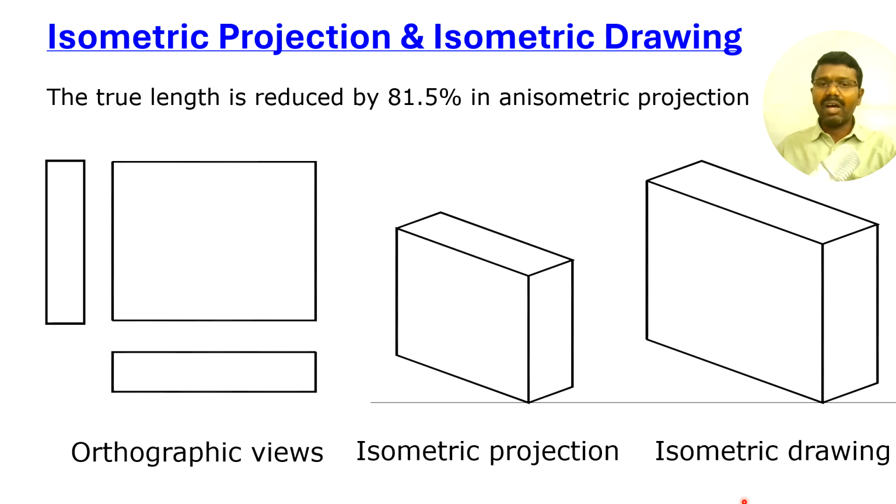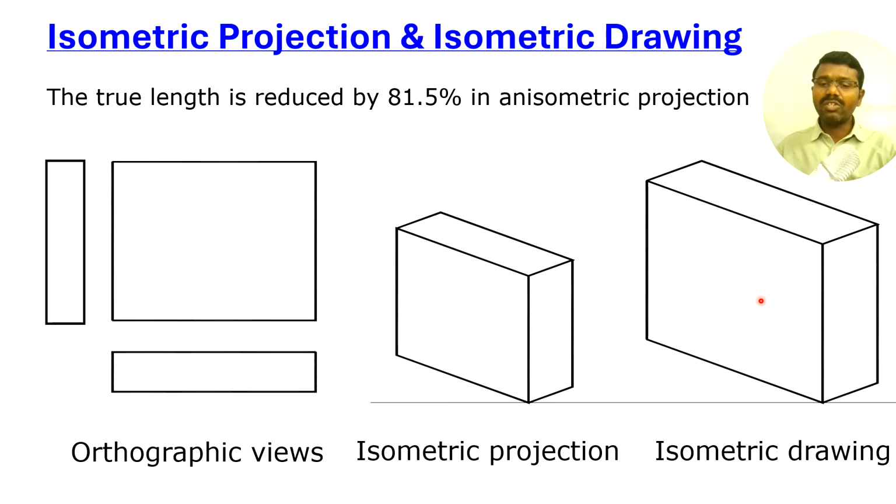For example, if a problem asks you to draw the isometric projection, it is not so difficult in AutoCAD. Once you complete the isometric drawing, use the scale command and reduce the dimensions by 0.815. Then you get the reduced drawing, that is nothing but the isometric projection drawing.